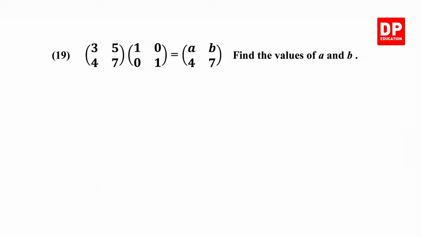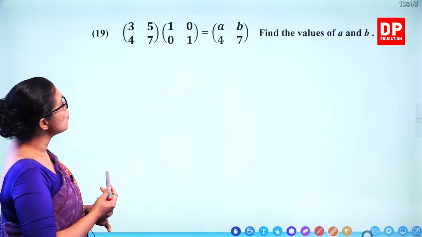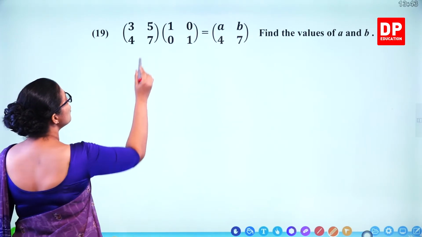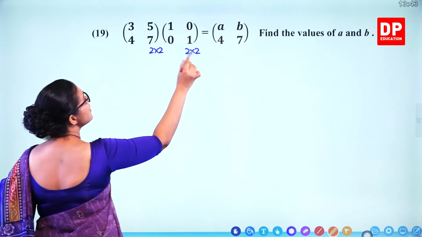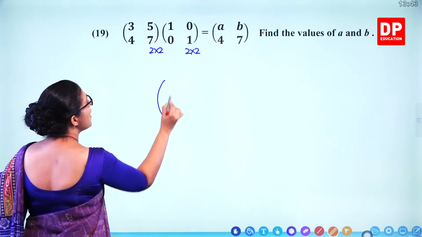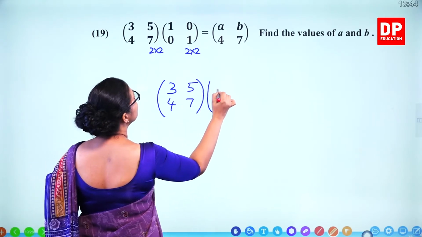Question number 19. You are given multiplication of two matrices is equal to that one. Find the values of A and B. So this is 2 by 2 and this is also 2 by 2. So you get the answer also 2 by 2. So we'll multiply these two matrices.